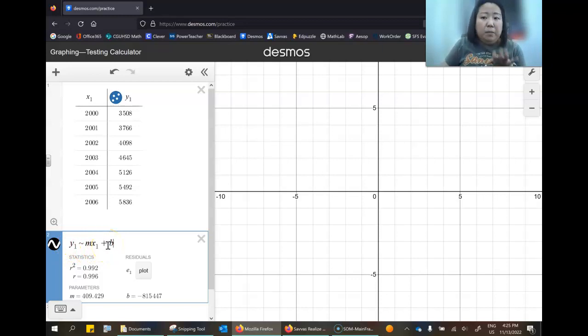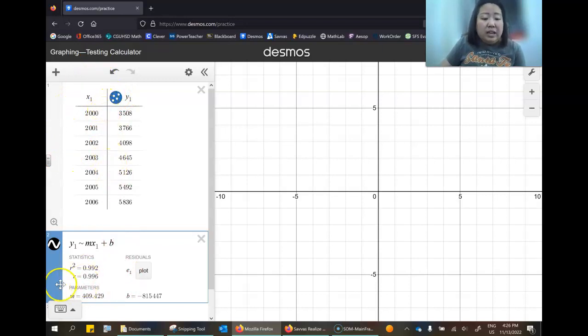Now remember, when you're plugging in this formula, it has to be a curly dash like that, not the equal sign. And you have to make sure that you have the sub numbers, y sub 1, x sub 1, because we are getting it from this table. So this equation is going to come from this data set here.